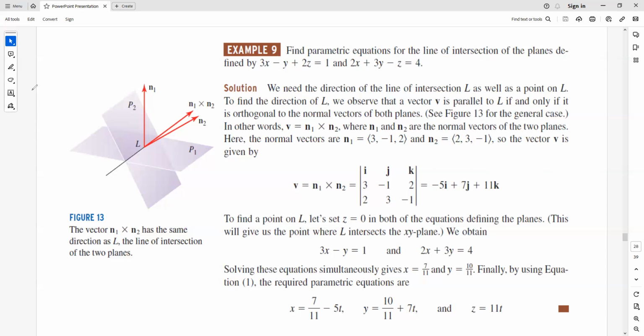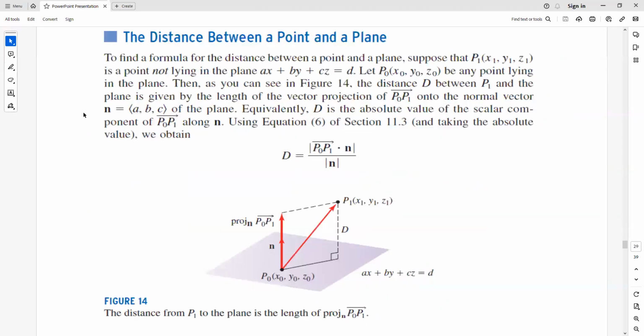Okay, so now the distance between a point and a plane. We already know the distance between a point and a line in the two-dimensional coordinate system.